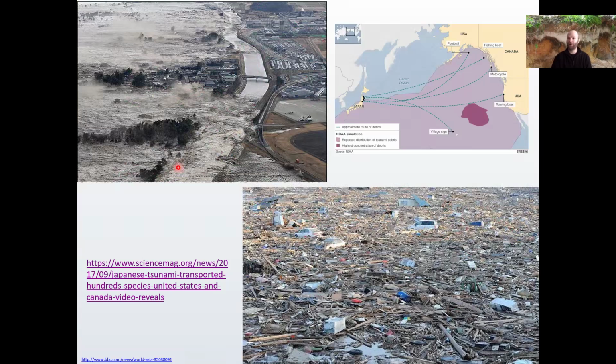And so our currents send junk all the way across, and all of Canada and the Western US have received all this material that came from Japan and other places probably too, but this big pulse.